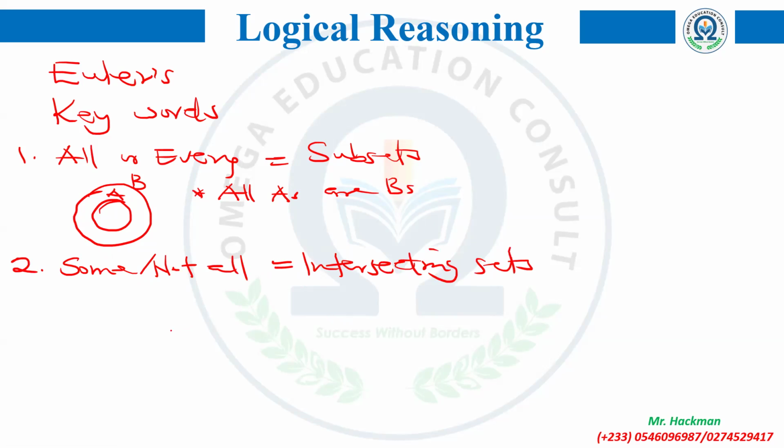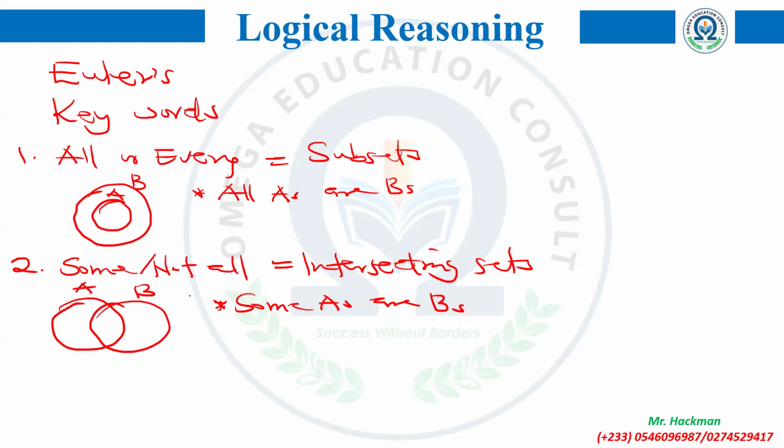So take note. If I say that some A's are B's, then indirectly, if this is my A, this will be my B, so they will overlap. So AB. Is my point well made?